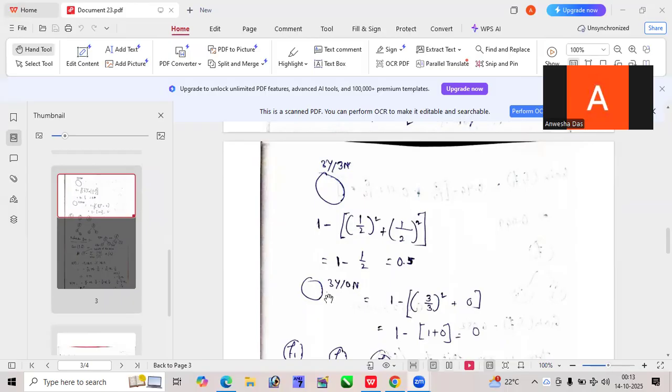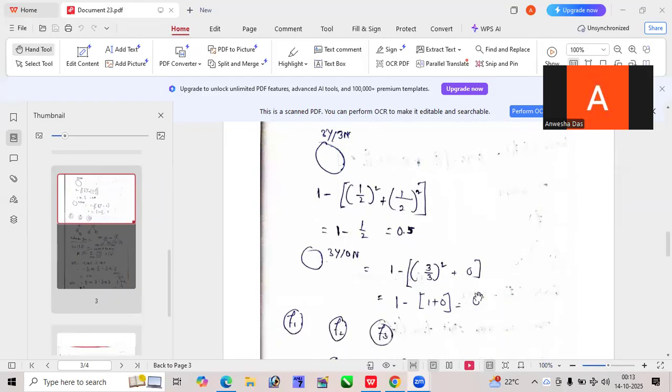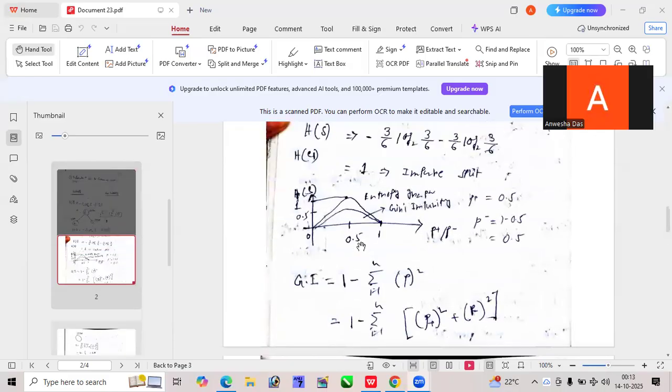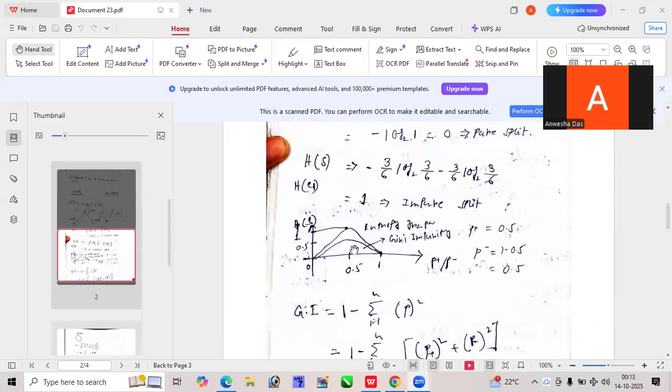Here, if you consider 3 yes and 0 no, what is the formula? 1 minus 3 by 3 whole squared plus 0. That means 0. So now, according to the graph, the Gini impurity value is 0 to 0.5. The lowest value is 0 and the highest value is 0.5.